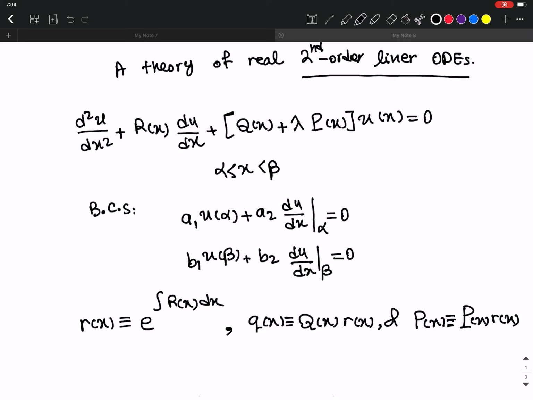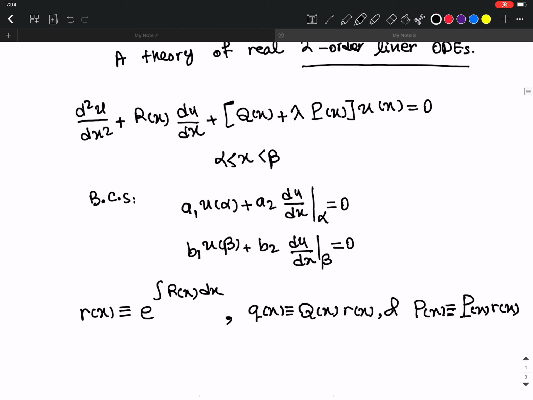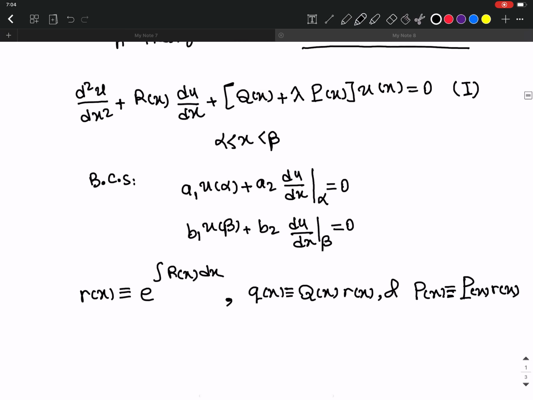So these are the definitions. I'm defining these three terms, and now I wanna manipulate equation 1, let's call this one equation 1, to get a simpler form of that and reduce it to a more common form of Sturm-Liouville problem.